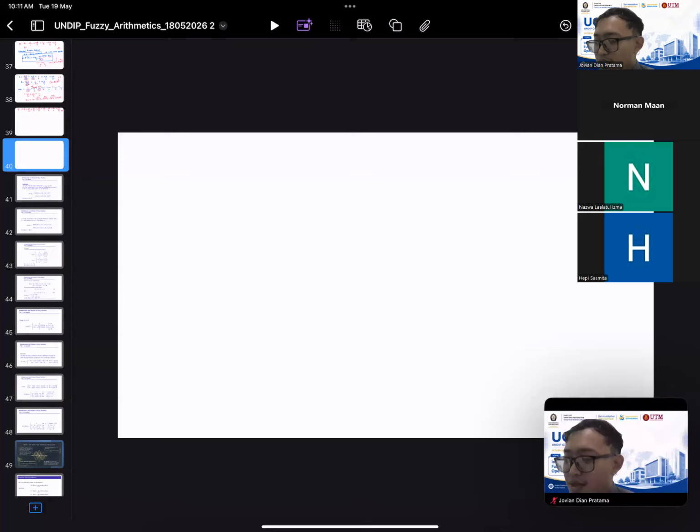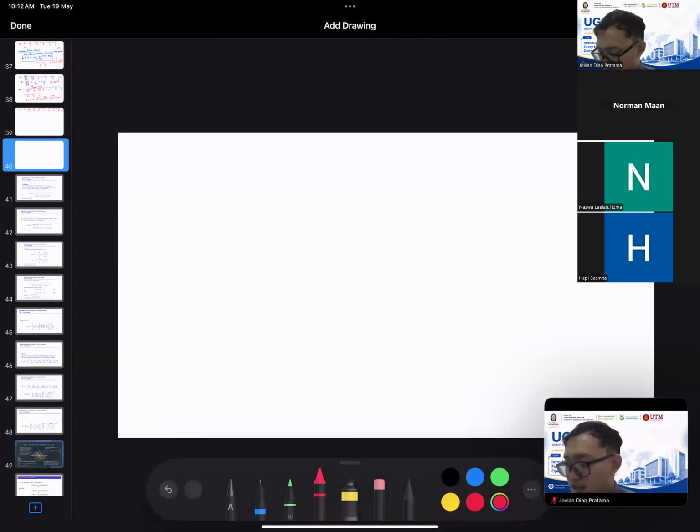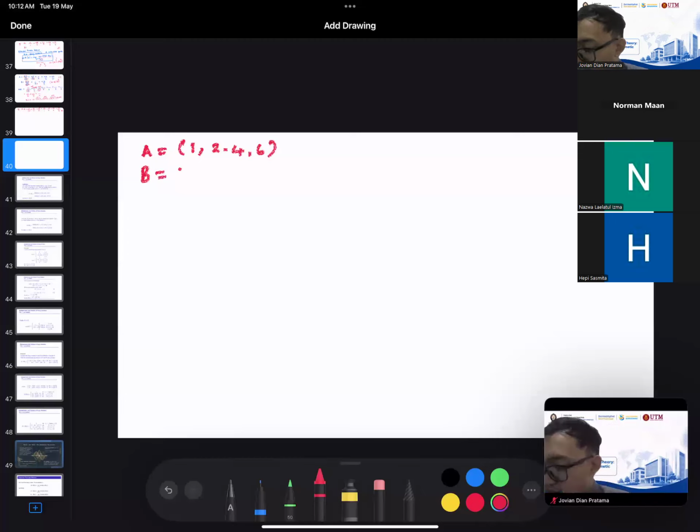For example, we have two fuzzy numbers, A and B. Let's say A is in terms of trapezoidal, because I think you are familiar with triangular fuzzy numbers. Now we go to trapezoidal: 1, 2, 4, 6, for example. Then we have B: 3, 5, 6, 8.